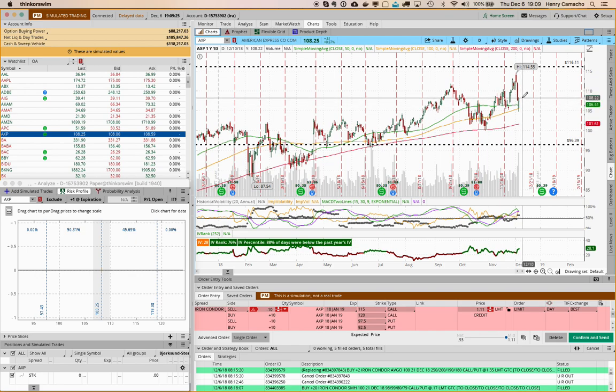Do I want to enter this trade? That's the question. Do we think it's a good trade to enter into? This is an all-time high, so the chances of us hitting this all-time high again are probably pretty limited. I know that I think things are going to play out based on the Fed and some of the fundamentals.